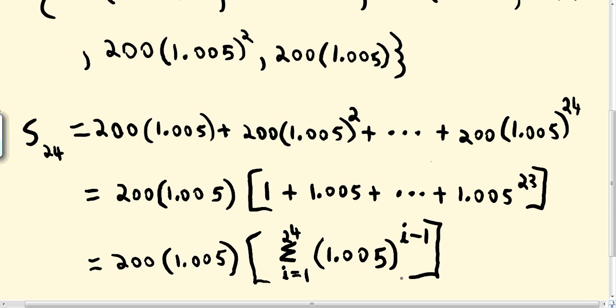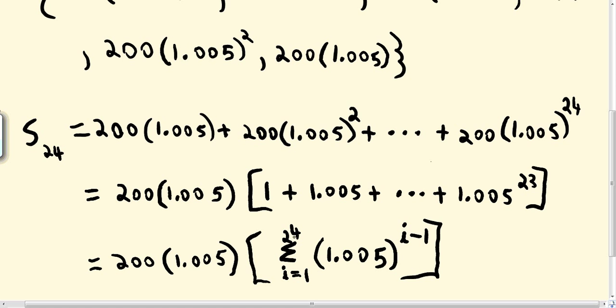So if you take a look, when i is equal to 1, 1 minus 1 is 0, and 1.005 to the 0 power is the number 1. When i is equal to 2, you get 2 minus 1, and you get 1.005 to the first power. When i is equal to 3, you get 3 minus 1, and you get 1.005 squared, which would be the next term.